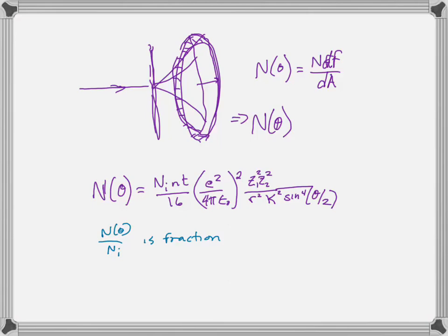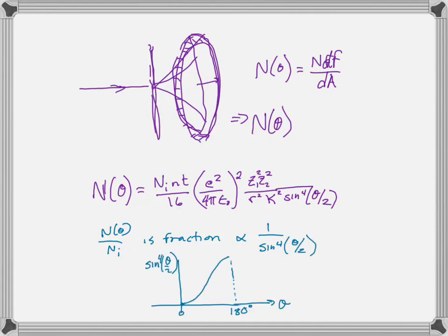In particular, I want to see how it depends on angle, right? It's inversely proportional to the fourth power of the sine of the angle over 2. Let's just think about it. The sine to the fourth of theta over 2 looks something like that. You can see that it is a minimum at 0 degrees, and it's a maximum at 180 degrees.